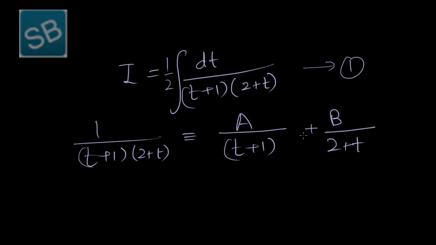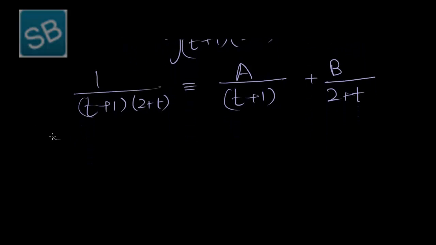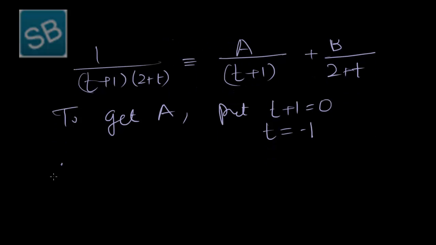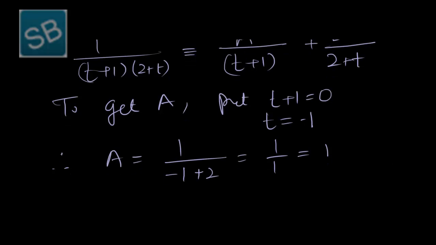So to get the value of a, put t plus 1 is equal to 0, that is t is equal to minus 1. Therefore, value of a is equal to 1 over minus 1 plus 2, that is 1 over 1. We substitute t is equal to minus 1 in 1 over 2 plus t, as we are familiar with this method. So a is equal to 1.